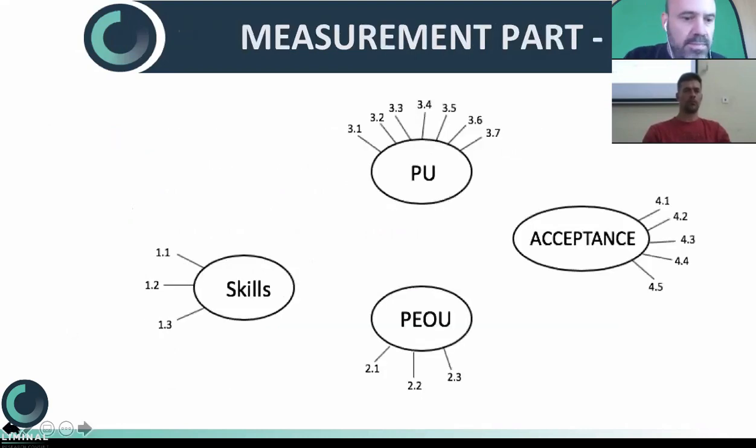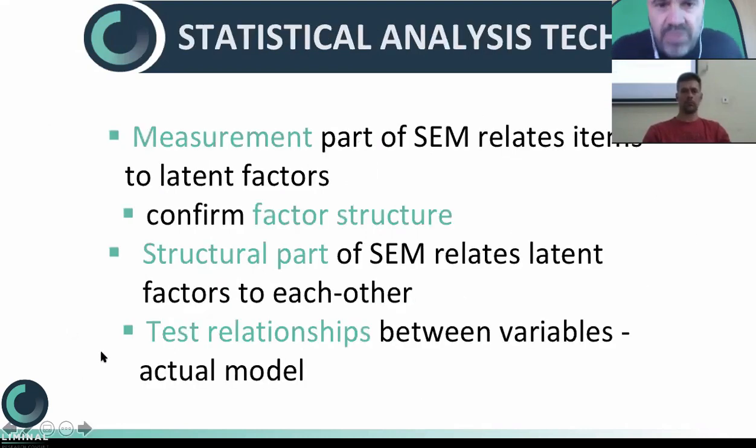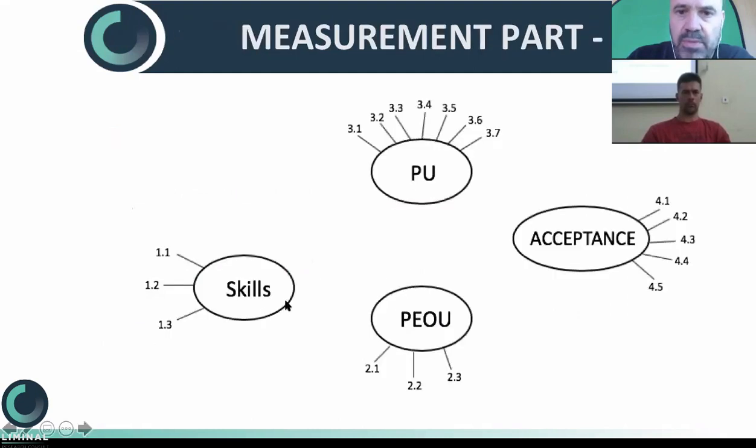Let me just see. Okay, with structural equation modeling, you get the measurement part of the model. That's sort of looking at the validity of the constructs, but you must know what the structure is. And then the structural part is where you look at the different relationships in this model. So let me just show you an example.